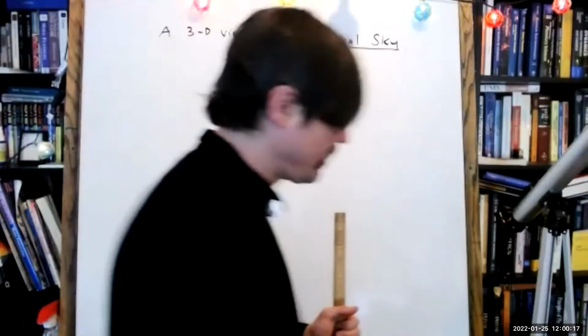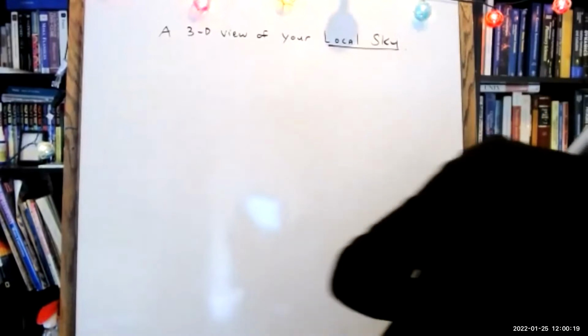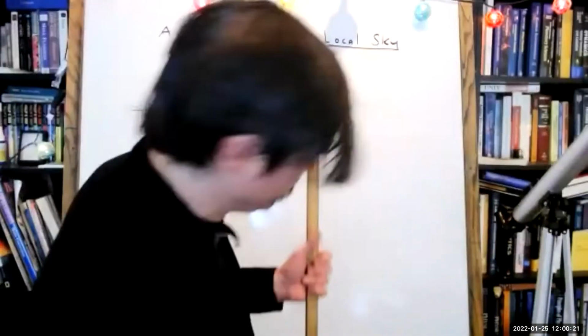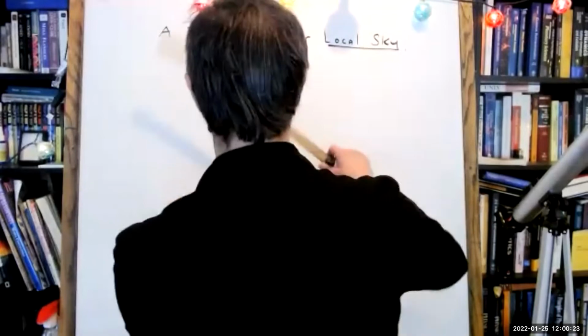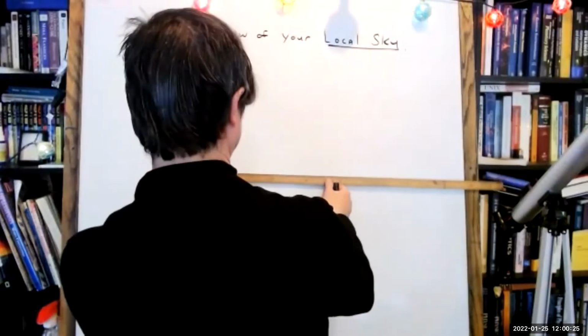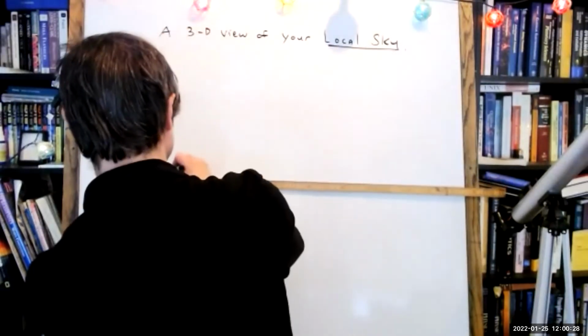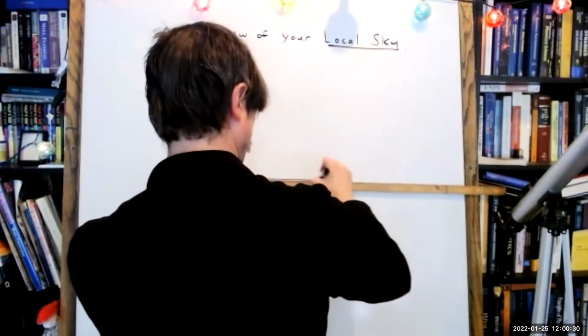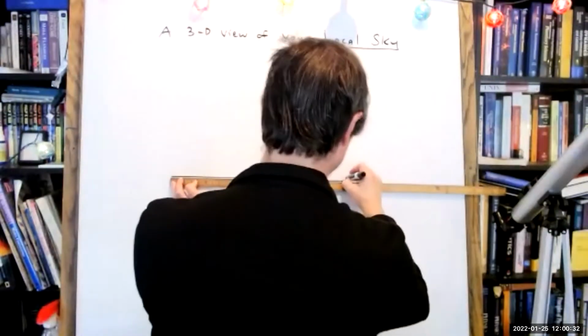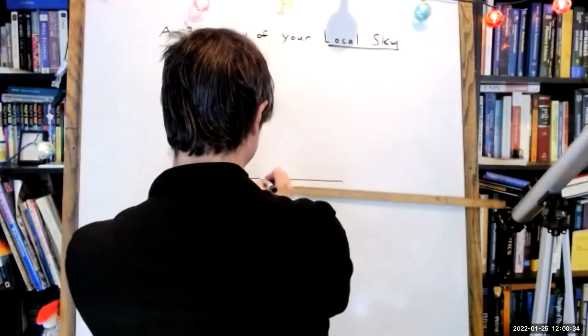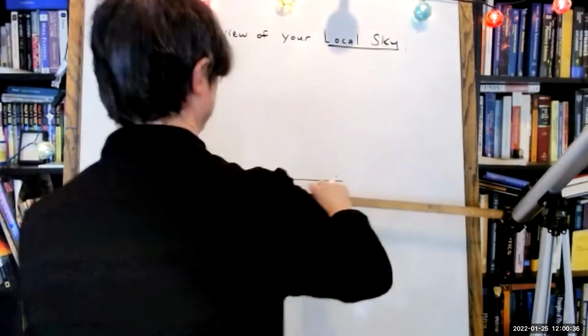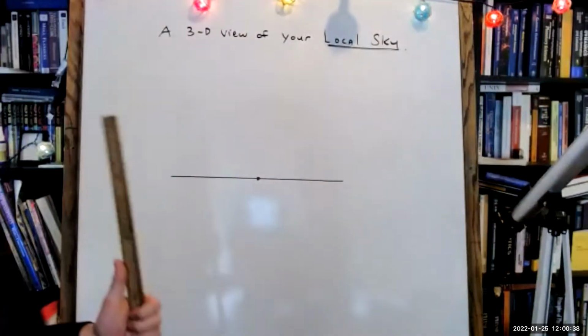Is that right for 8.5 by 11? Yeah, maybe a 10 centimeter line with your ruler. I'm going to make mine a bit bigger because I'm on the board here. I'll make mine 50 centimeters. Once you draw your 10 centimeter line, mark the midpoint with a dot at 5 centimeters.